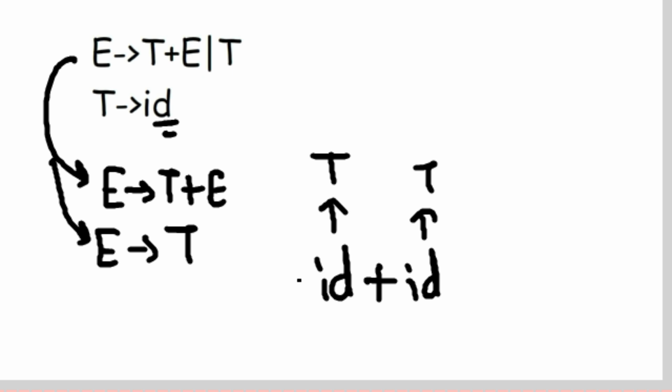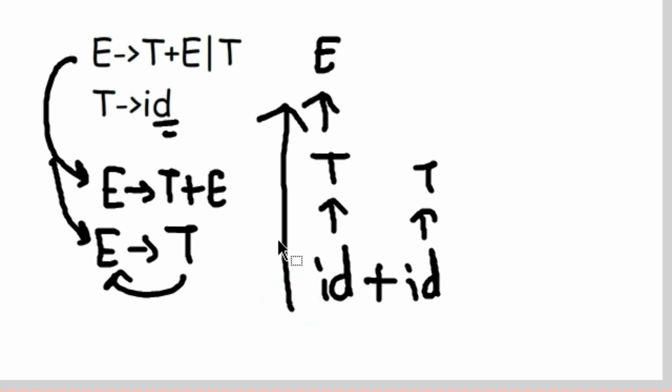So ID is converted into T. Now we can reduce T into E, because E tends to T, so we can go in reverse, from bottom to up. This is a bottom-up parser, so we will go from T to E.